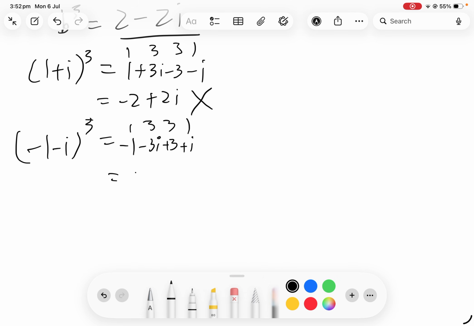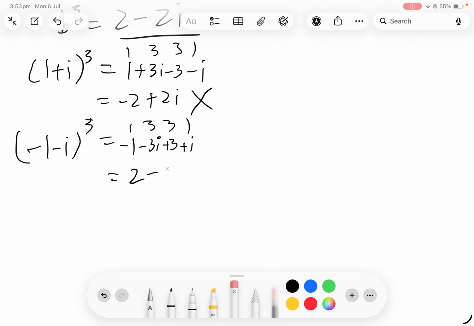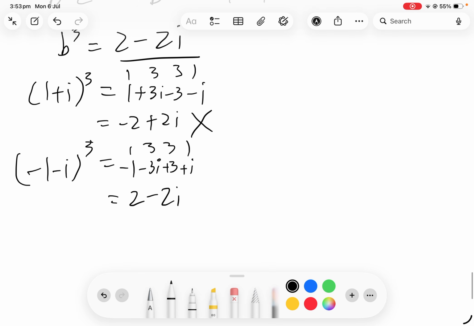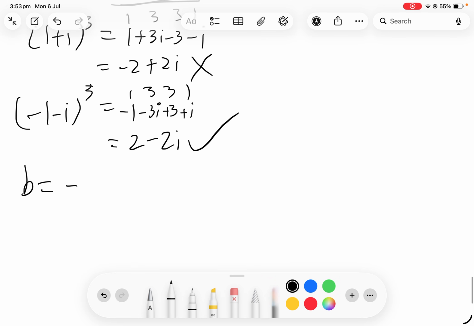Now that becomes 2 minus 2i, and that's exactly what this is. That means this is correct, so b equals negative 1 minus i.